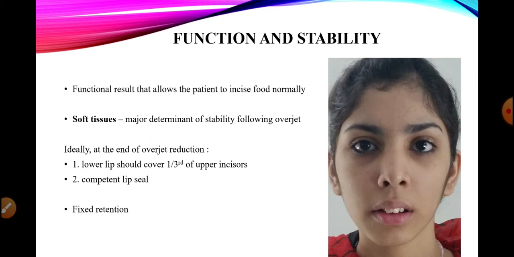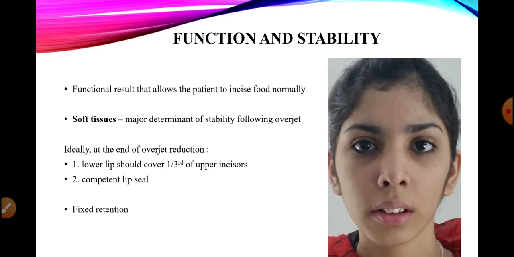Because in cases of class 2 division 1, the upper incisors are not coming in contact with the lowers, or there is increased overjet, or they are proclined, so the patient may not be able to incise the food normally. So there should be an ideal incisor relationship at the end of the treatment, so the patient should be able to function normally along with the aesthetics.